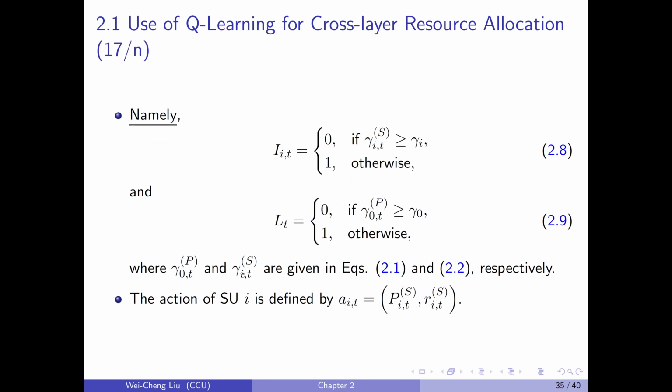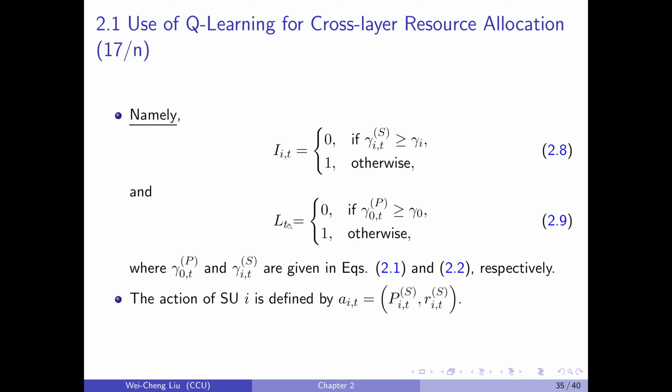So what is gamma_i^ts? It is the SINR of the ith secondary user at time instance t. If gamma_i^ts is greater than or equal to gamma_i, then I_i^t is equal to 0. Otherwise, I_i^t is equal to 1.